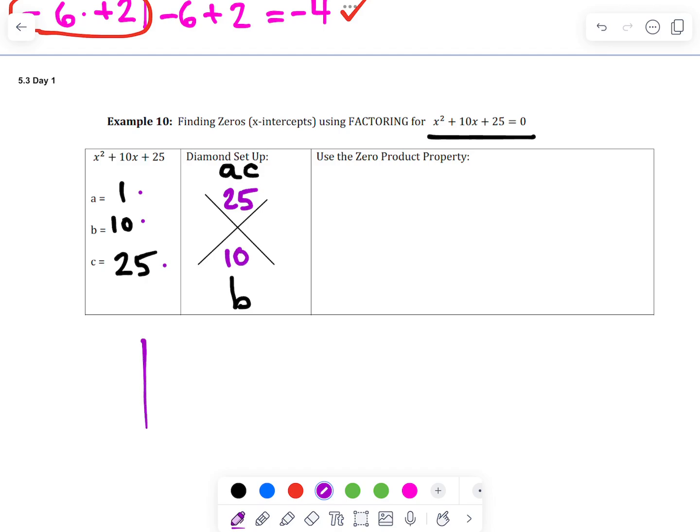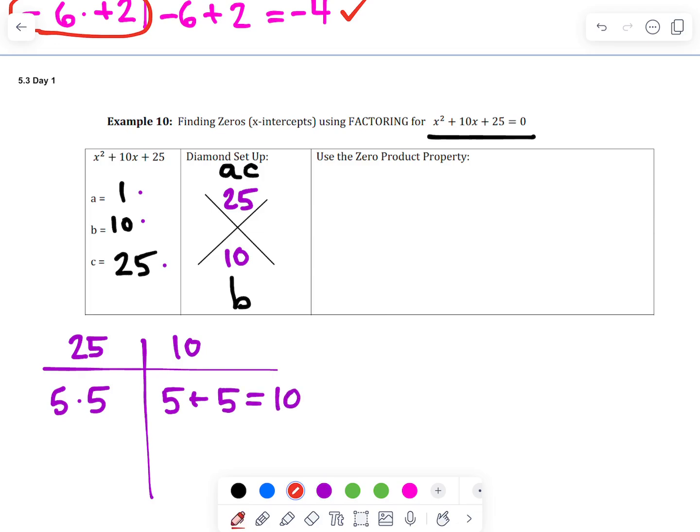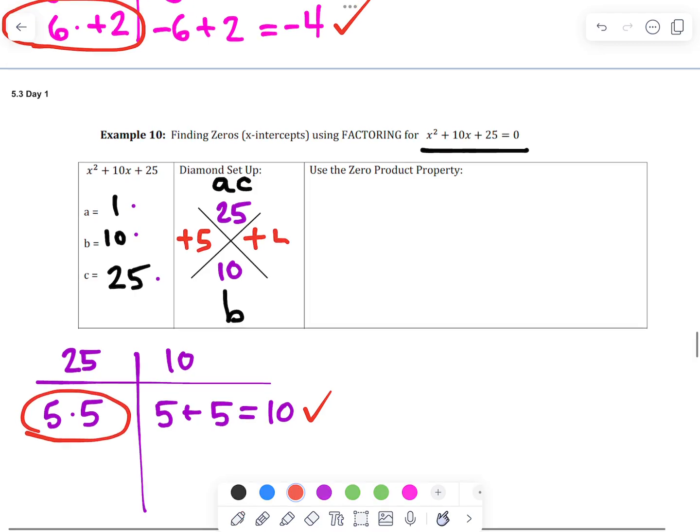So we create our chart. If you can do this in your head, that's fine. So we're looking for factors of 25 that add to 10. So we could do 5 times 5. When I add those numbers together, 5 plus 5, I get 10. So that's working out. So these will be the sides of the diamond: positive 5, positive 5.